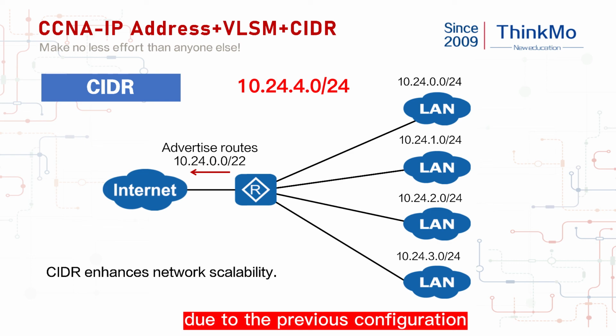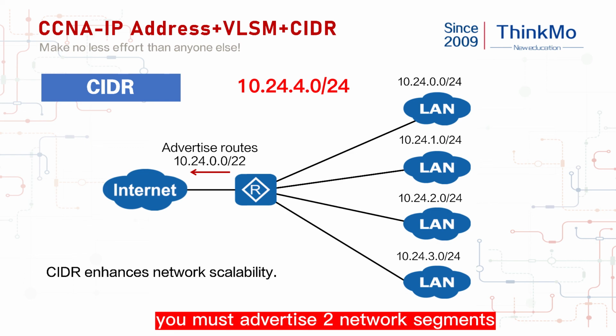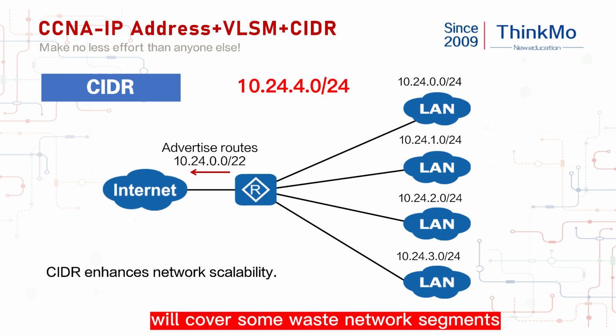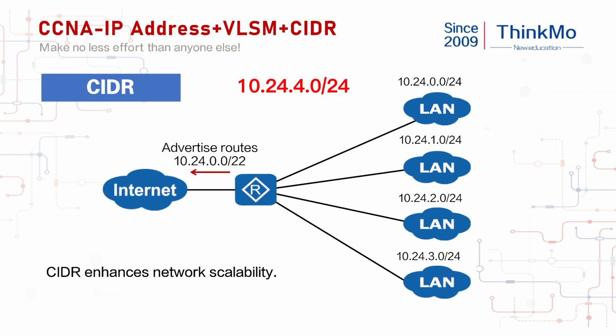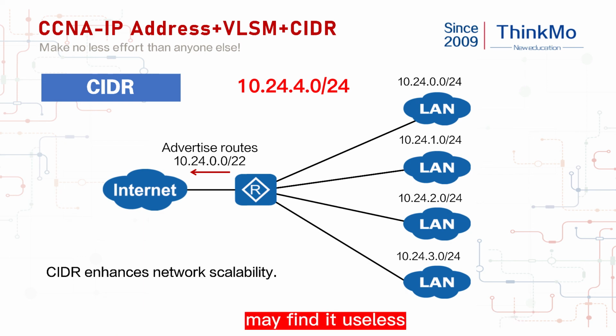Due to the previous configuration, the problems that may result are: you must advertise 2 network segments to the outside world, or you've announced more, or what you advertise will cover some waste network segments, or you will advertise one more configuration. When everyone first comes into contact with CIDR, you may find it useless.